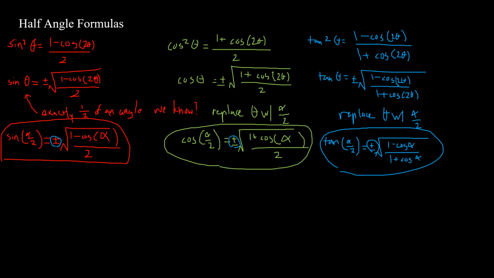Another thing I wanted to talk about was a simpler formula for the tangent. Right now we know that tangent of alpha over 2 is going to be equal to plus minus square root of 1 minus cosine alpha over 1 plus cosine alpha.